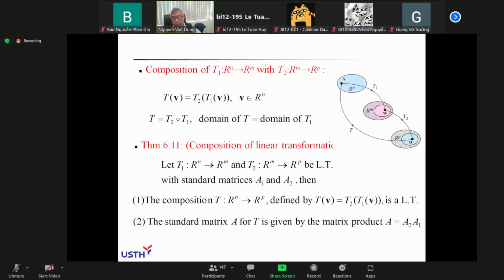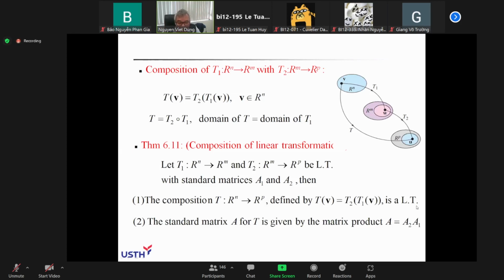And then in case both T1 and T2 are linear transformations, we have the following observation. If both T1 and T2 are linear transformations, then the composition T like that is again a linear transformation.